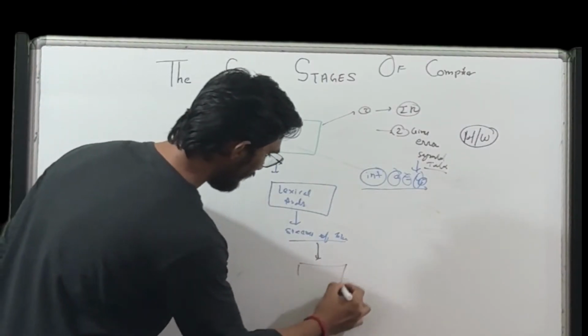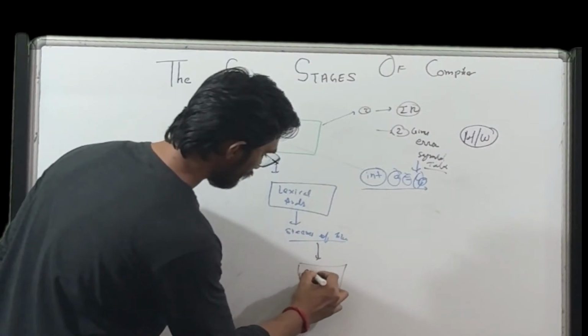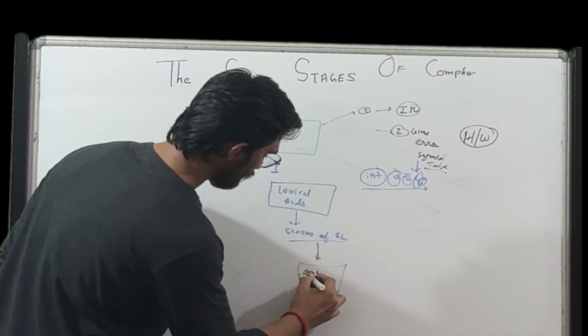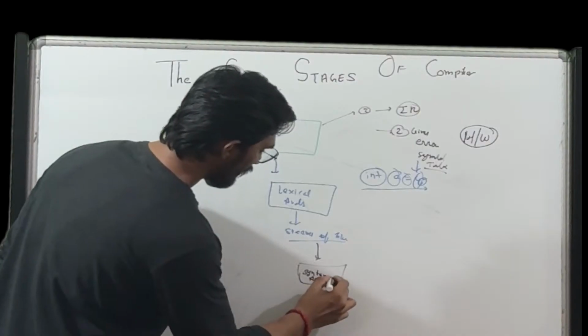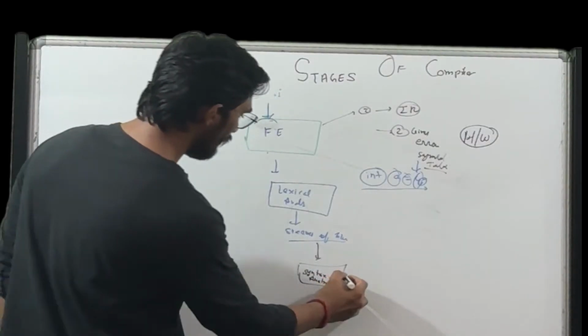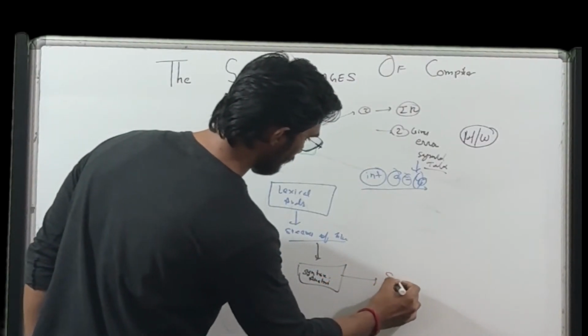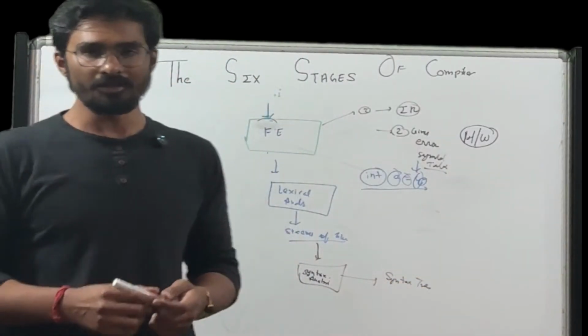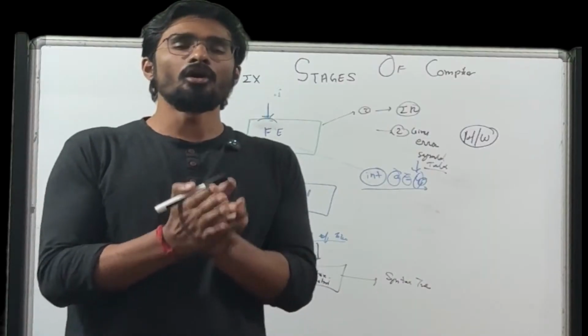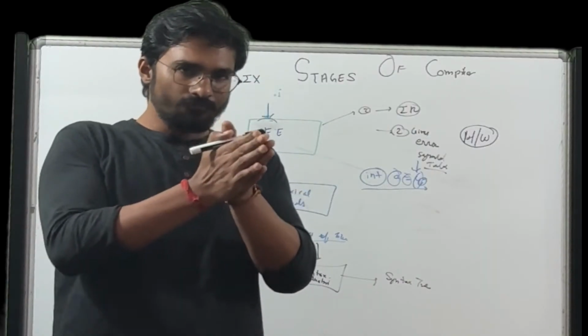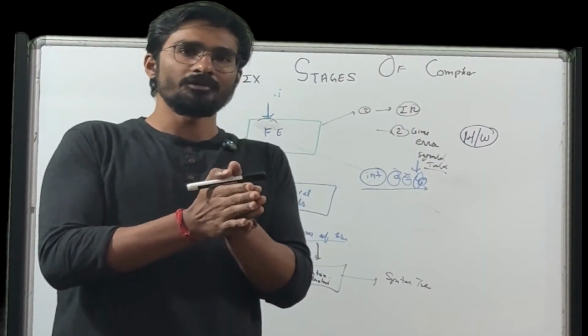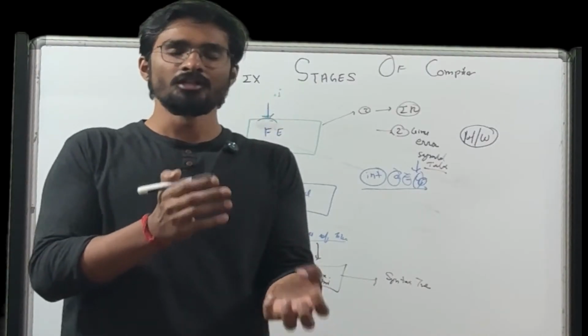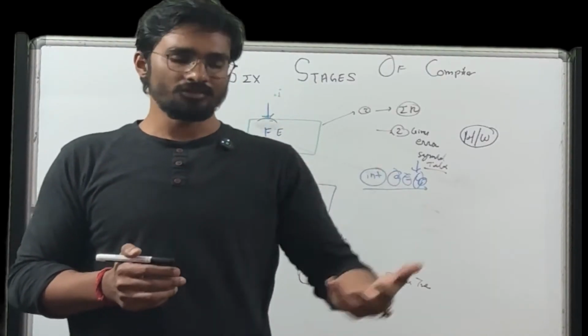Syntax analysis runs on it, and it generates what? It generates a syntax tree. The syntax tree is a tree-like structure where all the data we have gathered in the form of tokens is organized. So from there, parsing actually starts.